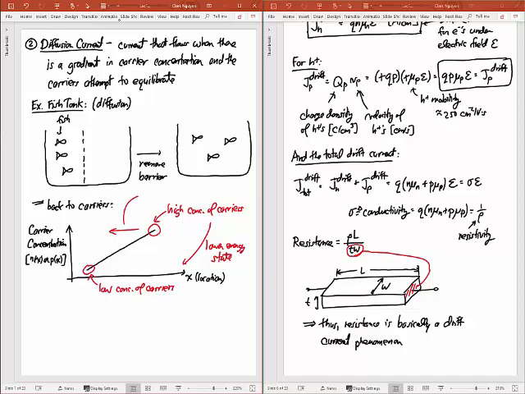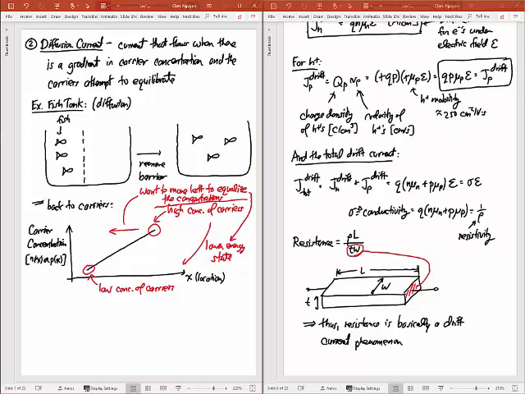And again, they want to move left to equalize the concentrations. Separate that there. Okay, because that allows them to go to this lower energy state.